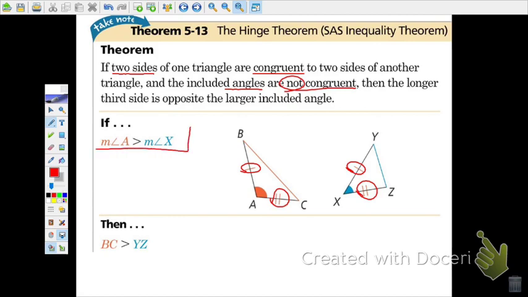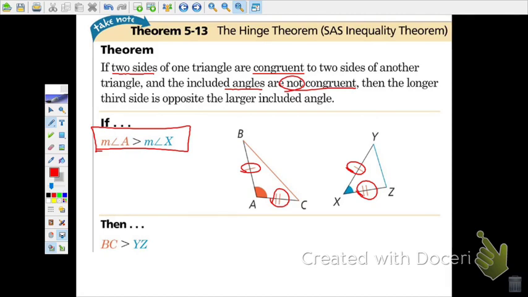Here we are told that angle A is greater than angle X, so they're not congruent. As long as we have that set up, which is how they come up with this angle side inequality theorem, then the longer third side is opposite the larger included angle.